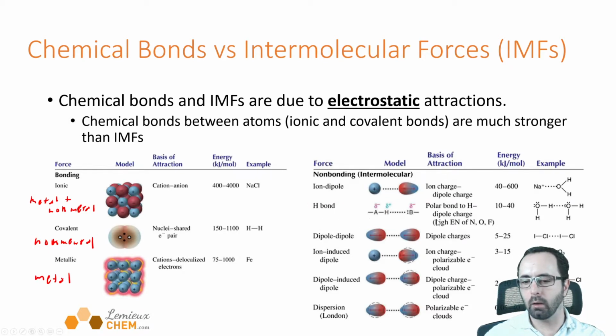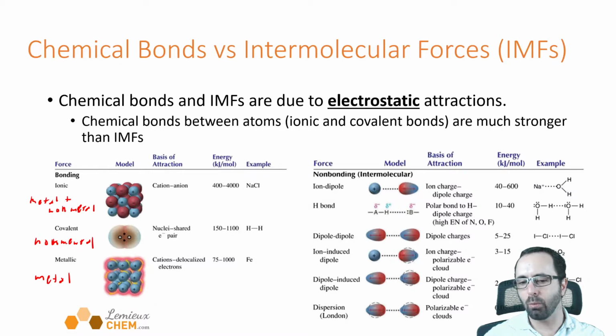And so hydrogen bonding occurs when you have a very polar bond with a hydrogen attached to a highly electronegative atom such as nitrogen, oxygen, or fluorine. Notice this is the strongest intermolecular force that we discussed, but its energy is only 10 to 40 kilojoules per mole. That is much, much smaller than any bonding force.